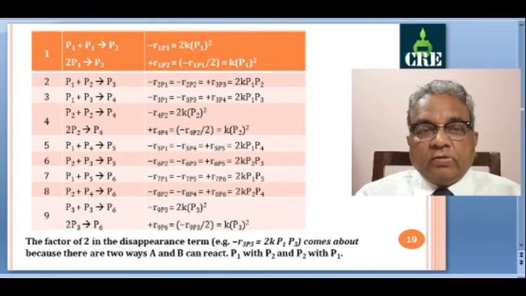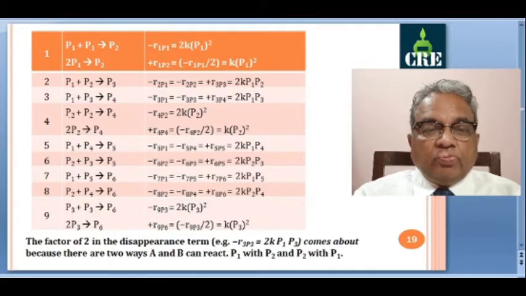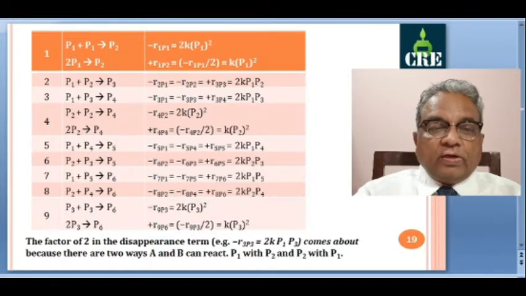Now we'll take this model further. As we have written, P1 plus P1 is equal to P2, that is 2P1 giving P2, P1 plus P2 giving P3, P1 plus P3 giving P4, P2 plus P2 also giving P4. So this I can write as 2P2 giving P4.